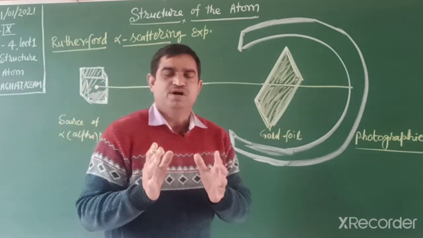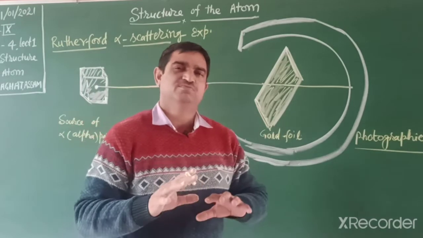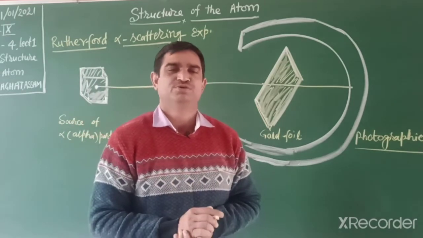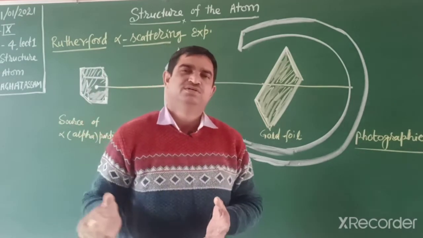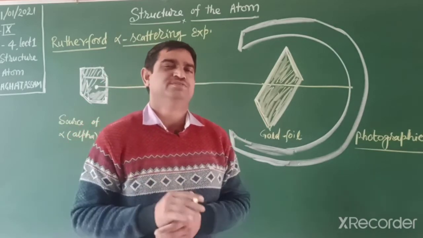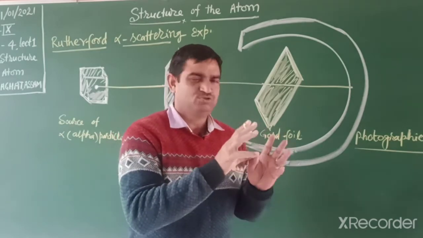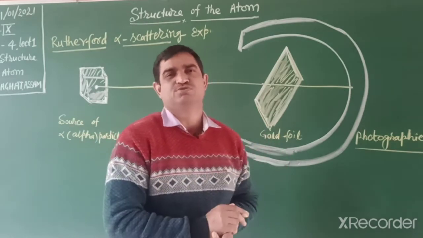He wanted to test the validity of Thomson's model, because according to Thomson, the positive part is equally distributed and electrons are embedded in it. So he wanted to prove whether Thomson's atom model is correct or not.